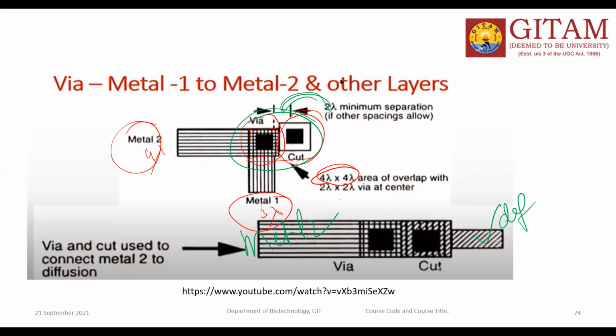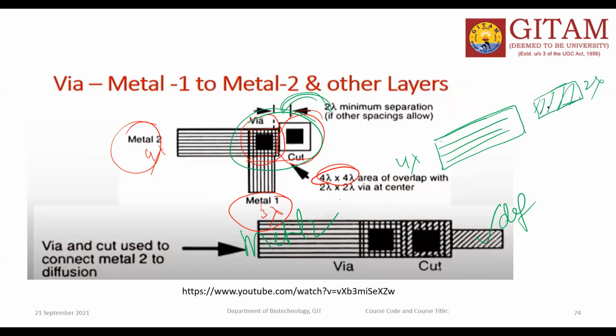Let us say this is my metal 2, with 4 lambda size, and this is my diffusion, with 2 lambda minimum spacing.